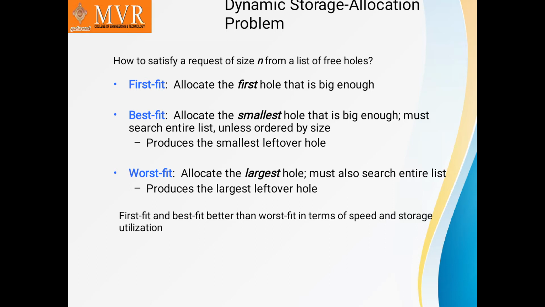Best fit means to allocate the smallest hole that is big enough, and we must search the entire list unless it is ordered by size. This produces the smallest leftover hole. Worst fit means it allocates the largest hole, and we must also search the entire list, and it produces the largest leftover hole. First fit and best fit are better than worst fit in terms of speed and storage utilization.